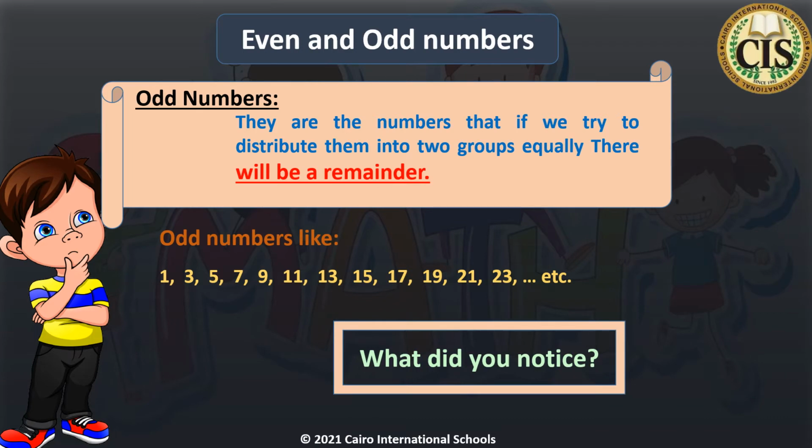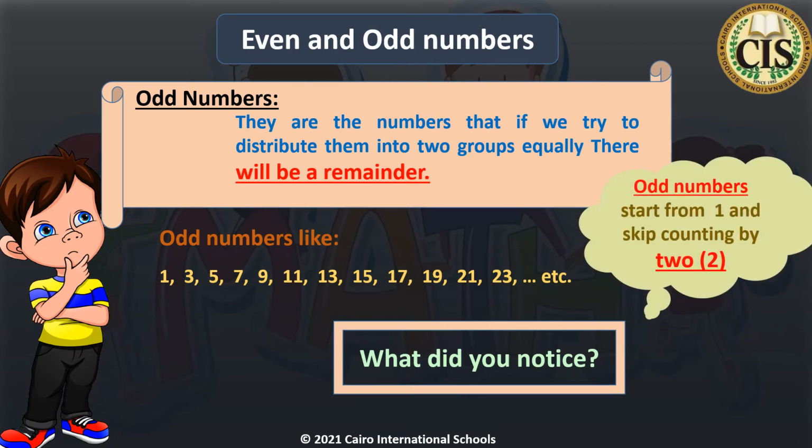What did you notice here? We noticed that in odd numbers, we start counting from 1, and we skip count by 2. Again, pay attention, in odd numbers, we start from 1 and skip count by 2, like 1, 3, 5, 7, and so on.